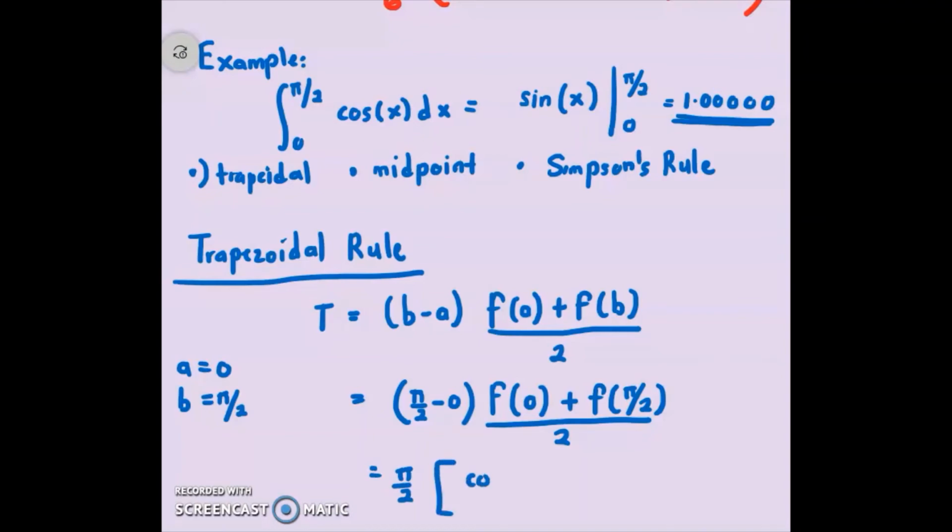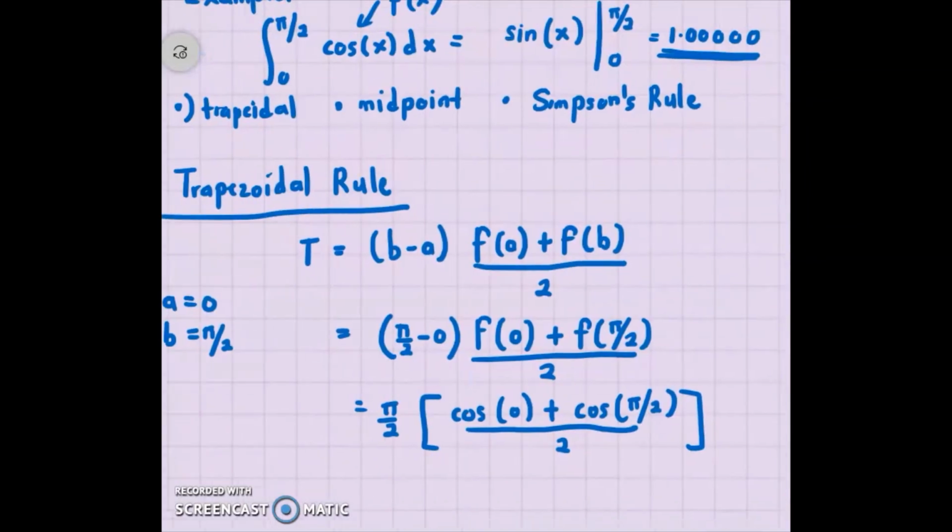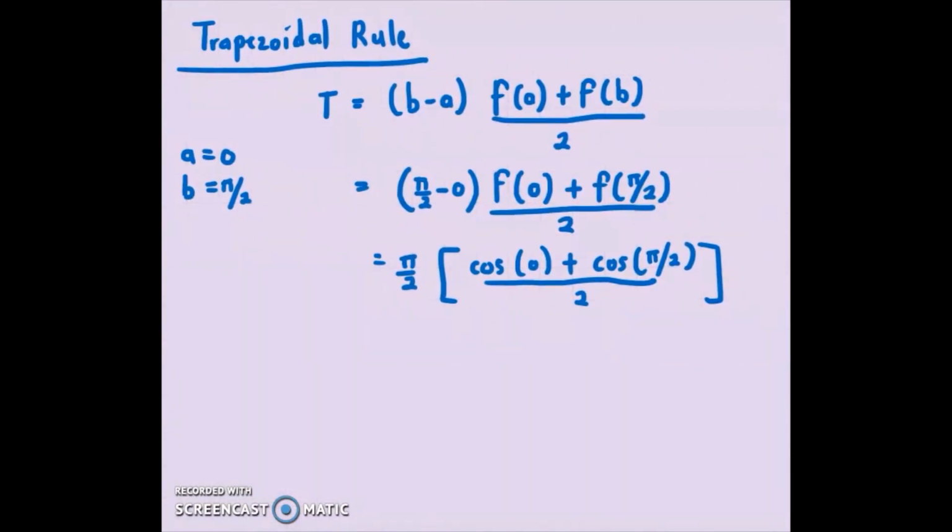This is my function f, so we have cos 0 plus cos pi over 2, divided by 2. So cos 0 is 1. This is half here, so we have pi over 4. Okay, this will give me to decimal point 0.78539. Use your calculator to find the answer.